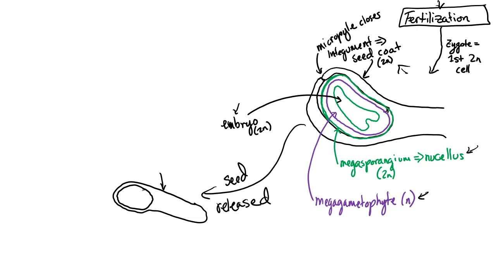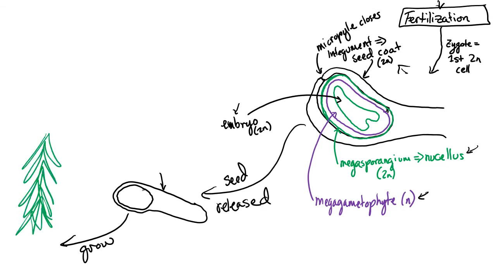So this is kind of continuous with the integument, but it forms this sort of wing. And then that can grow into, oh, thank goodness, that sporophyte that we started out with. And that's a pine life cycle. So as you can see, things start to get really crazy, and the angiosperm life cycle is even crazier.